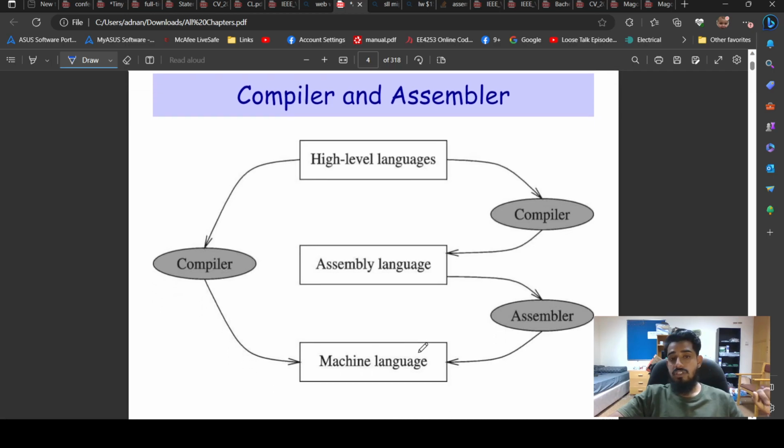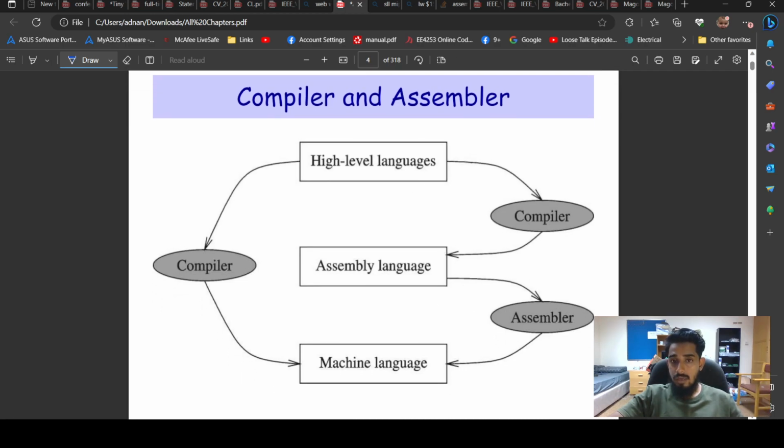This is a very good slide for your understanding: what about the compiler and the assembler? We have the high level languages, here C, C++, Java, and Python.